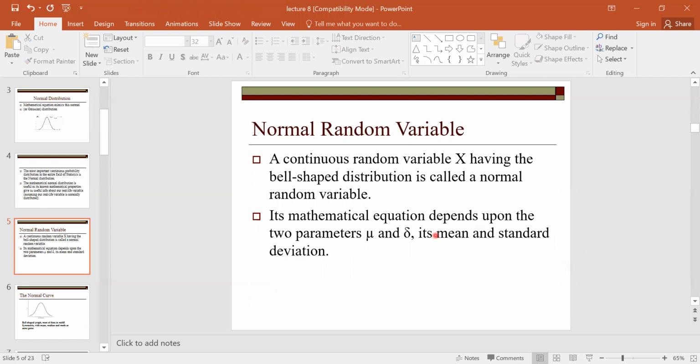If a continuous random variable x has a bell-shaped distribution, then it is known as a normal random variable. In the mathematical equation, it depends upon two parameters: one is the mean, and the other is the variance or standard deviation. So the normal distribution has these two parameters, mu and sigma.